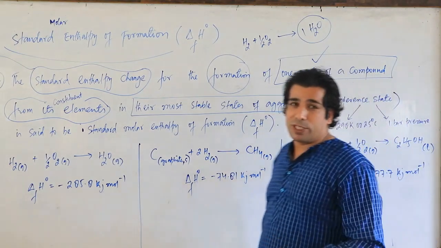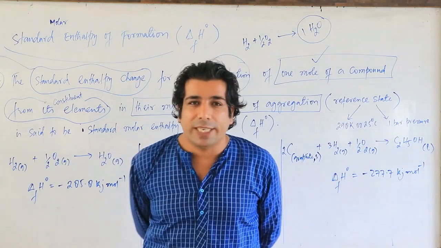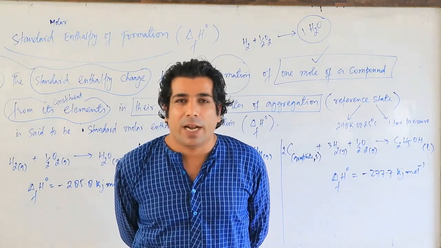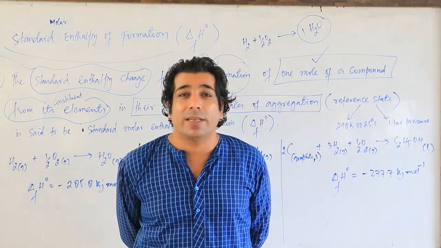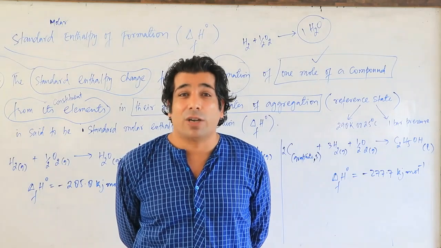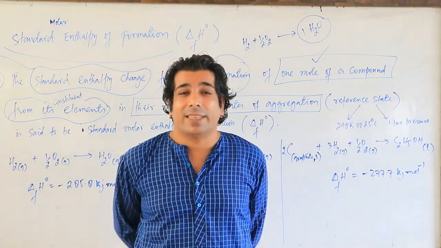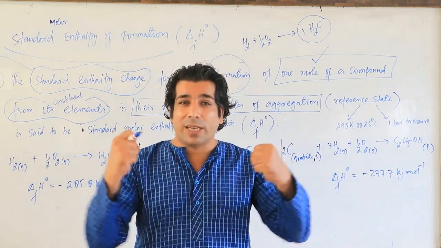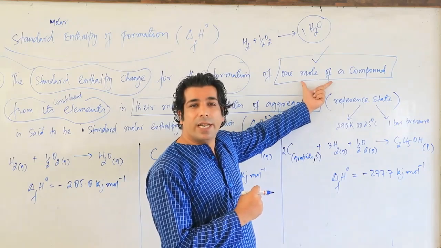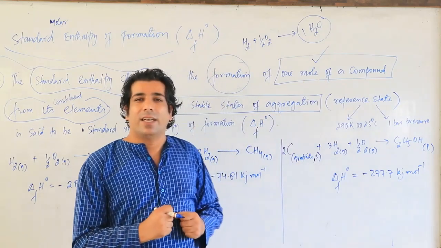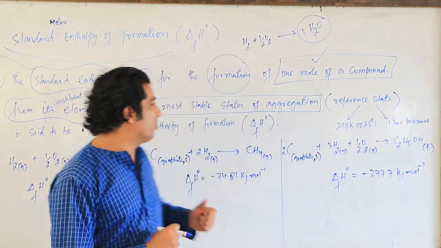That means this process should be carried out at 298 Kelvin temperature and 1 bar pressure. Then the constituent elements will be in their stable states or reference states. And then these constituent elements will combine and give me 1 mole of a compound. And then I can calculate the standard enthalpy of formation, my dear friends.